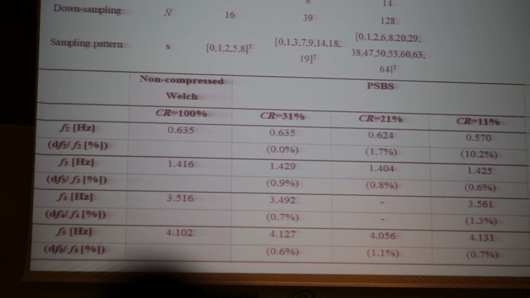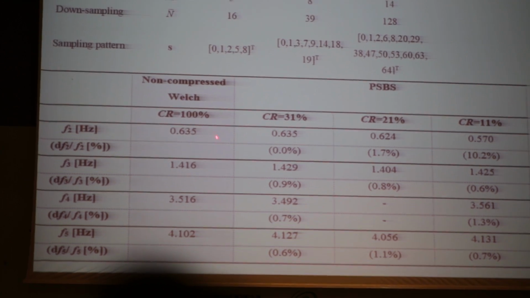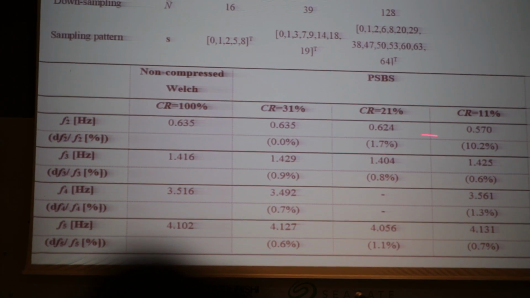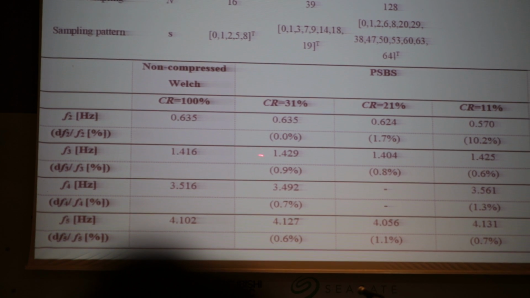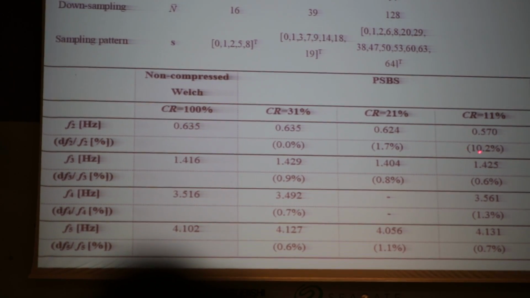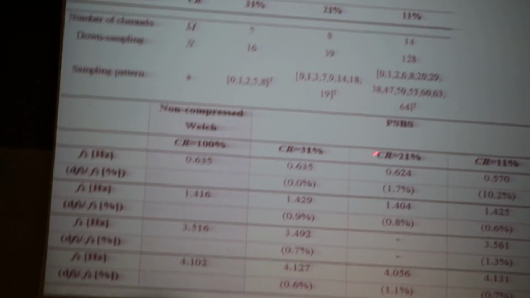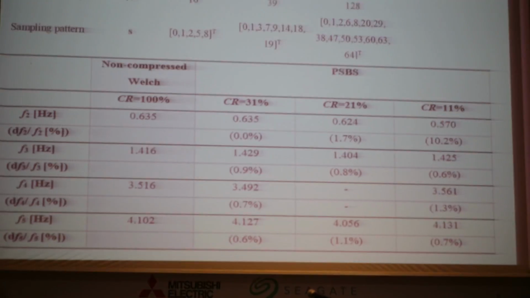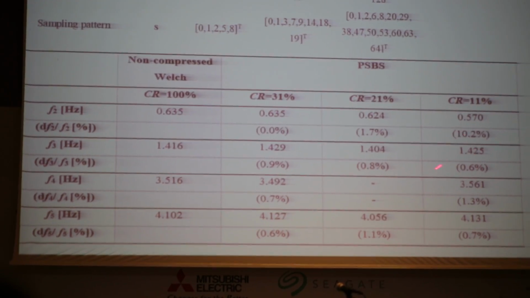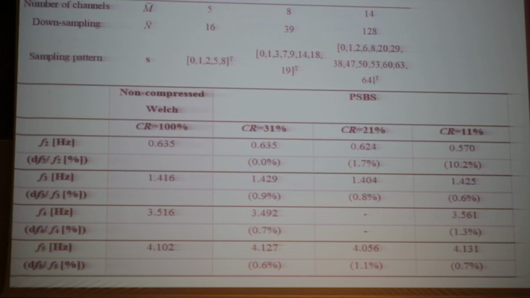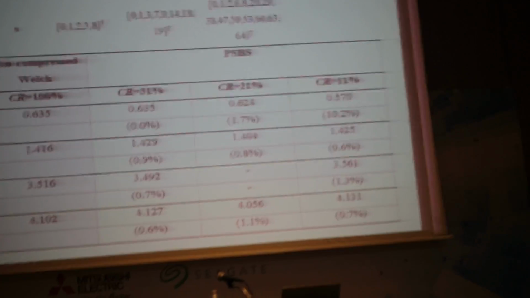So we are doing very well, for example, in estimating natural frequencies. These are the errors that we see in estimating natural frequencies as we go to heavier and heavier compression. So we have very small errors in the main natural frequencies that we care about.